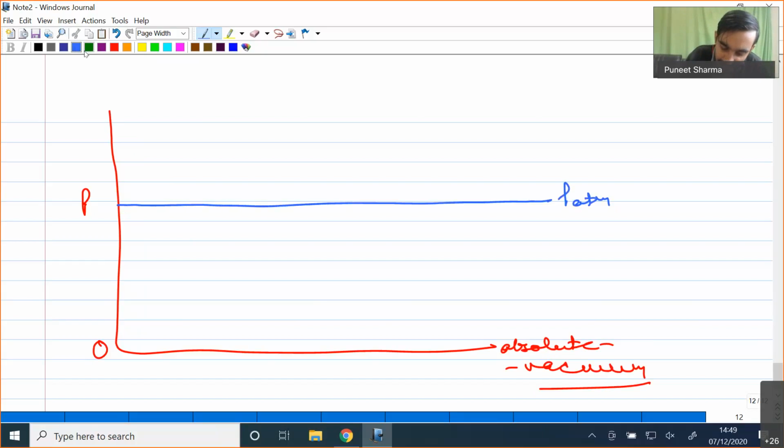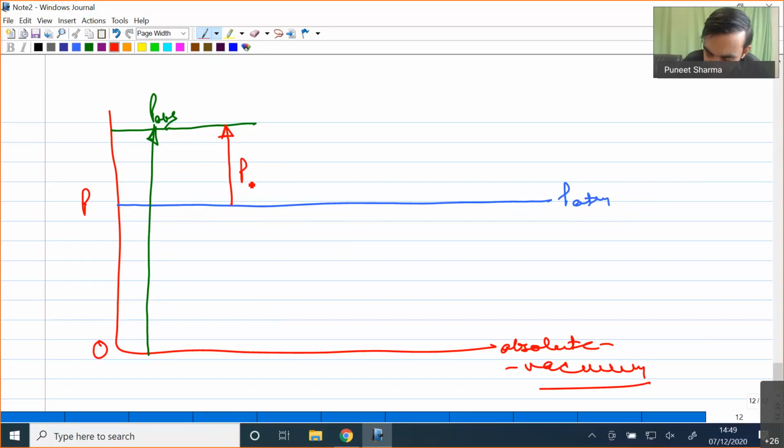If I measure the pressure at any point with reference to absolute vacuum, I'll call that P absolute. If the same pressure is measured with reference to atmospheric pressure, I'll call it gauge pressure. And the pressure up to this point is P atmospheric.